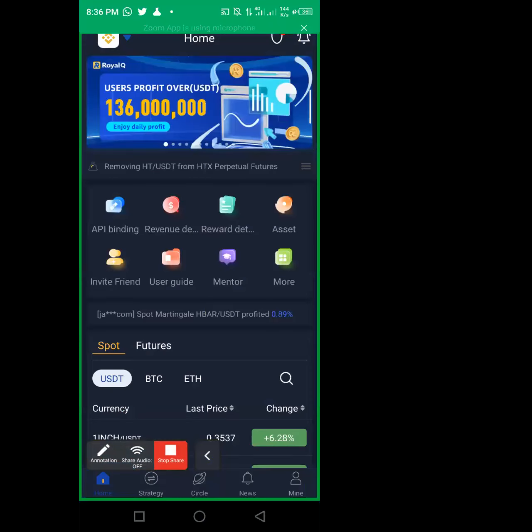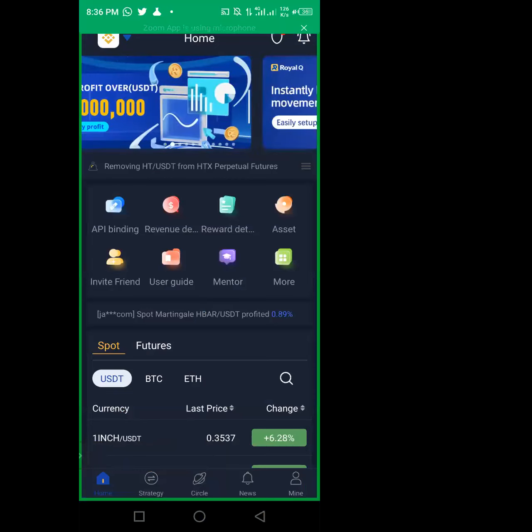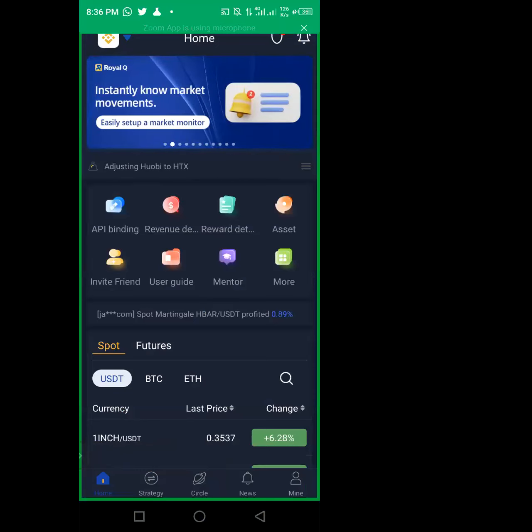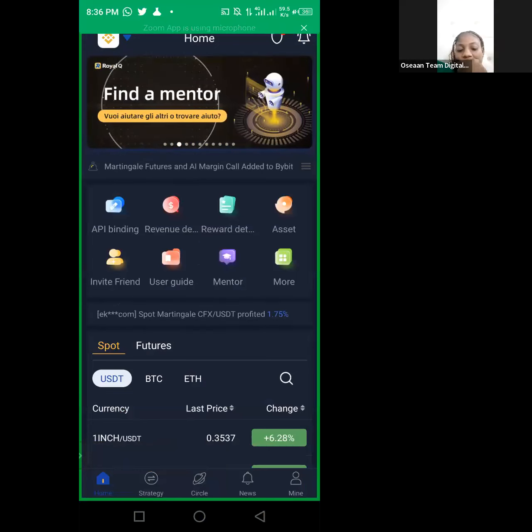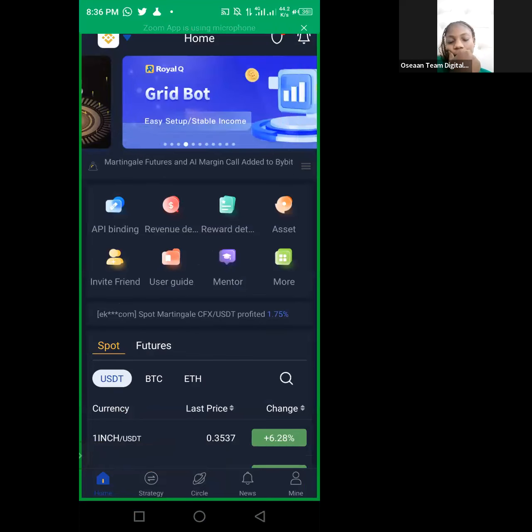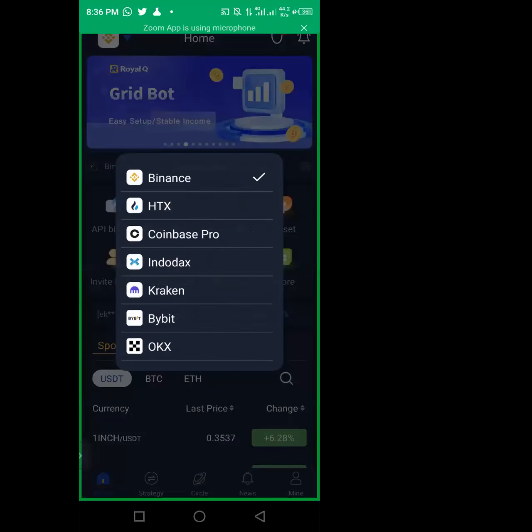So this is our RoyalQ. This is the home page, and you can link. I hope you can all see my screen. Yes, we can. Okay, so at the top here, you can see the exchanges.